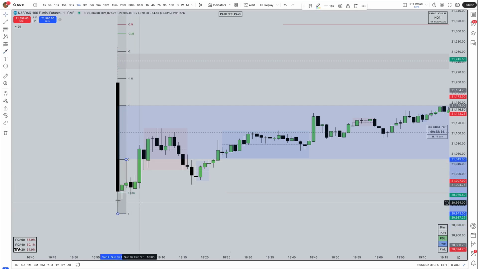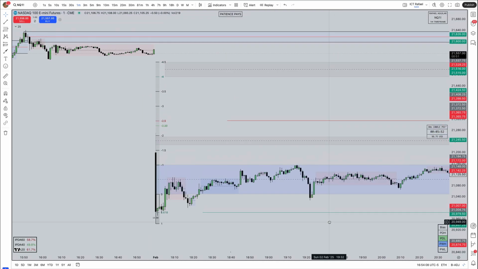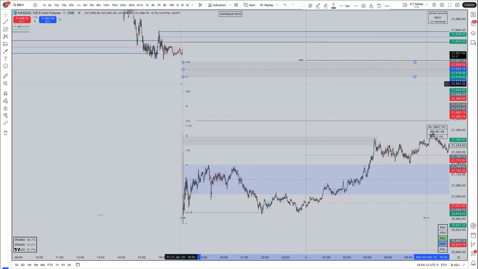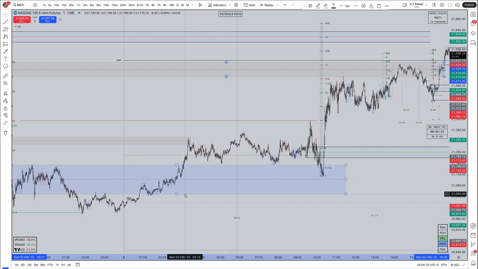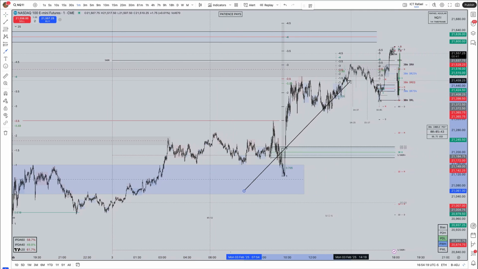So that was the correct projection for this price action. And then if you see, that measure was the New York PM session high on the regular trading hours.